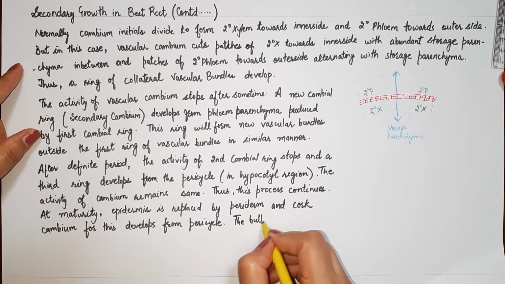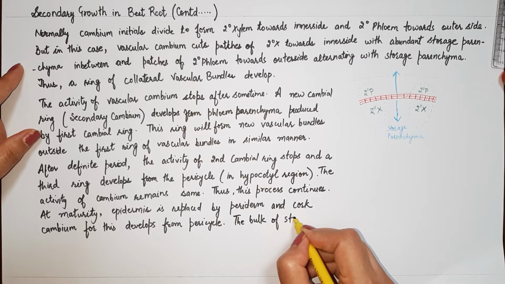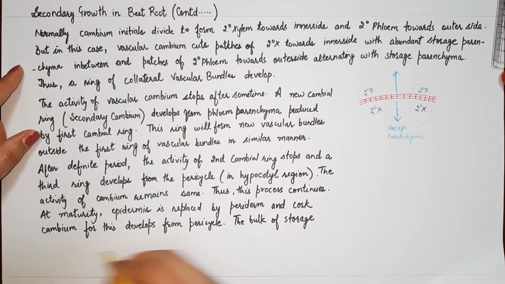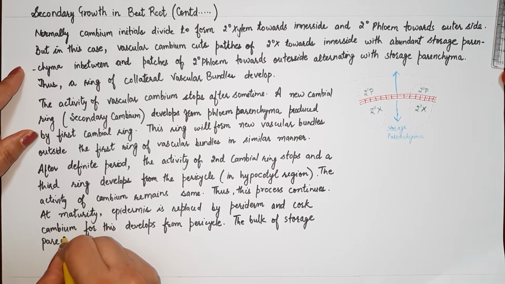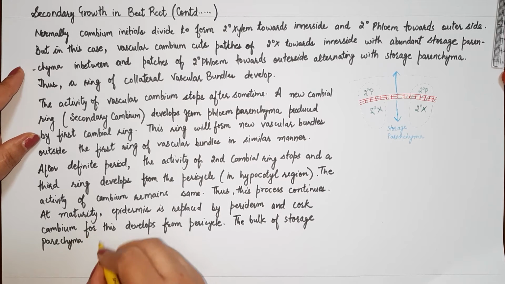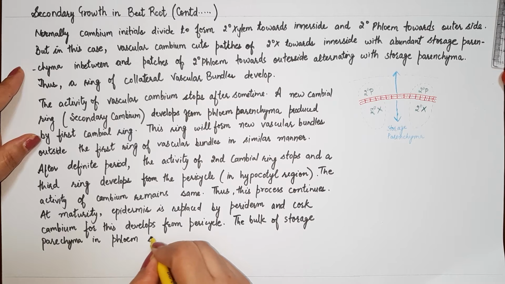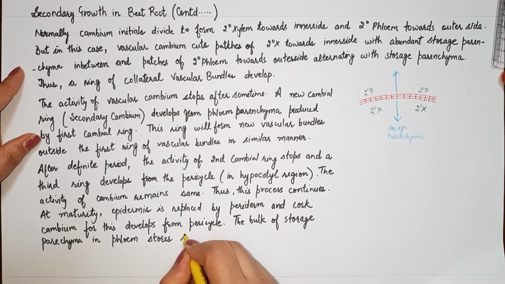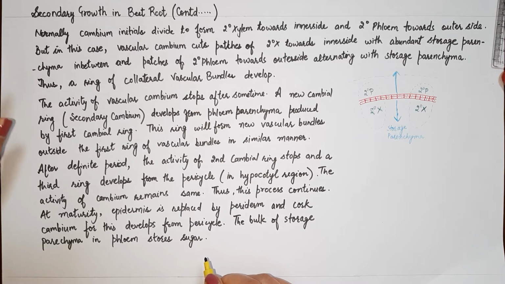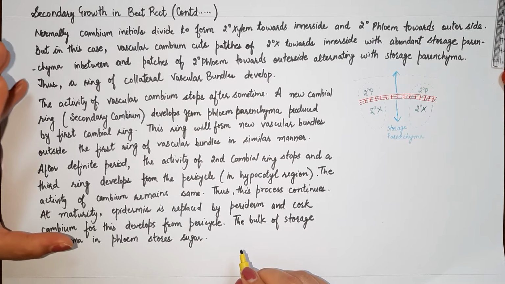The bulk of storage parenchyma in phloem stores sugars. And you people must have observed there is a reddish purple color in a beetroot, abundant reddish color.